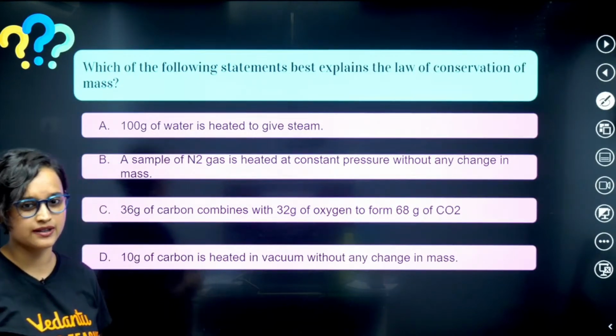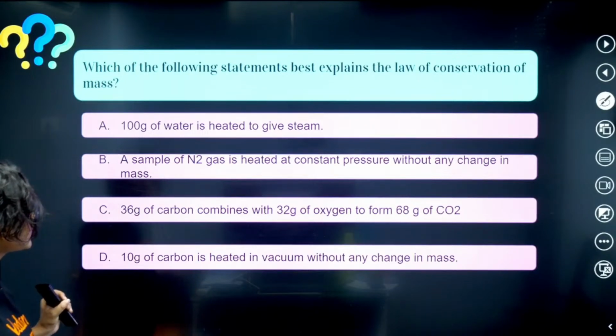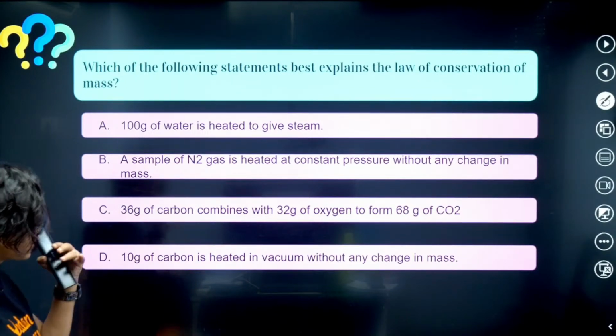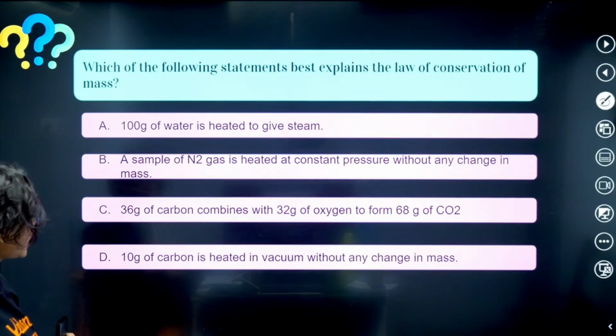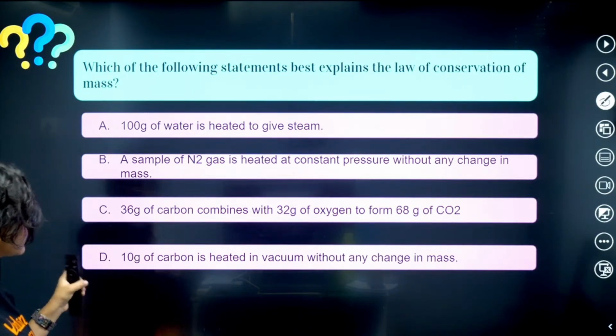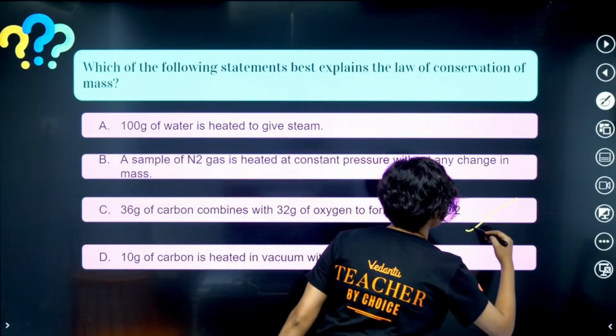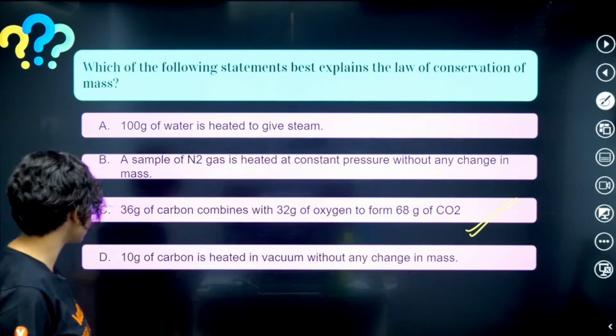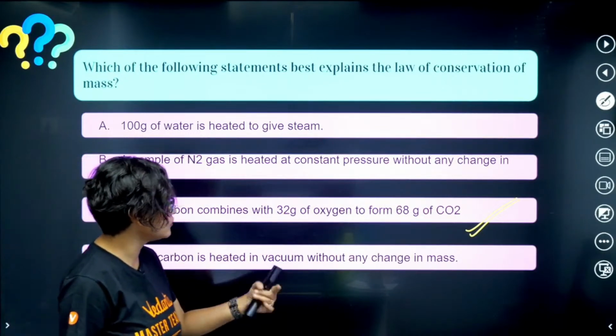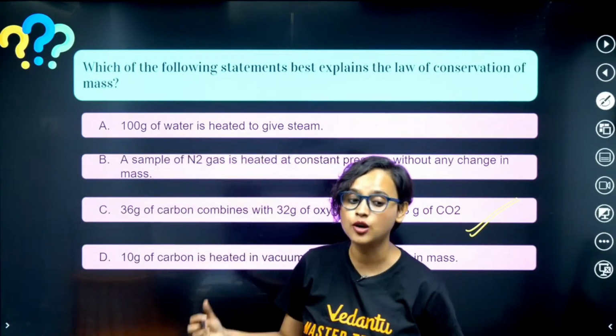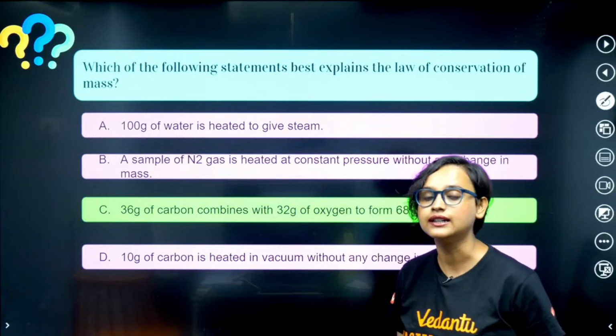This also does not make sense. 36 gram of carbon combines with 32 gram of oxygen to form 68 gram of carbon dioxide. This is law of conservation of mass. 10 gram of carbon is heated in vacuum without any change in mass. Once again, does not make sense. Option C is the correct answer here.